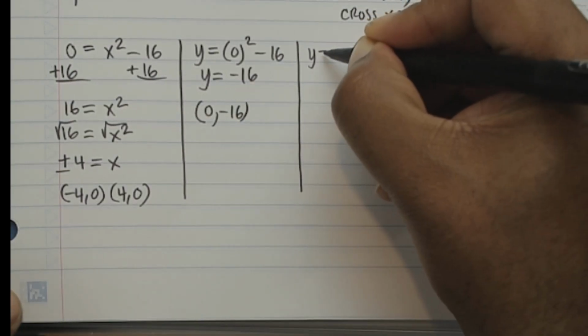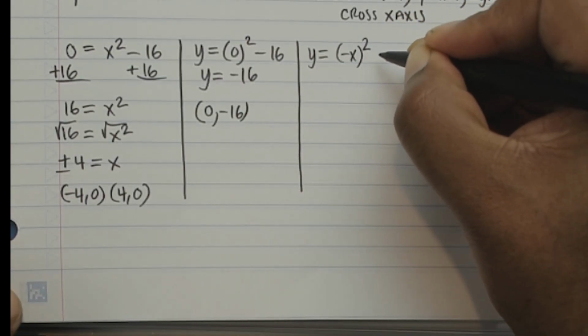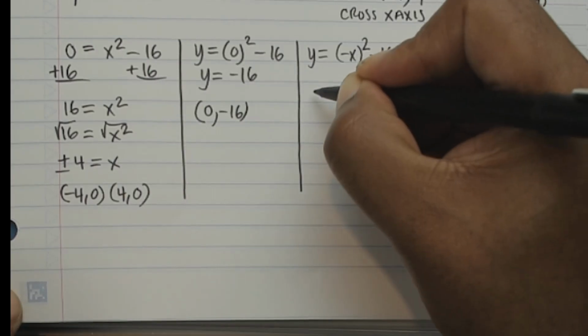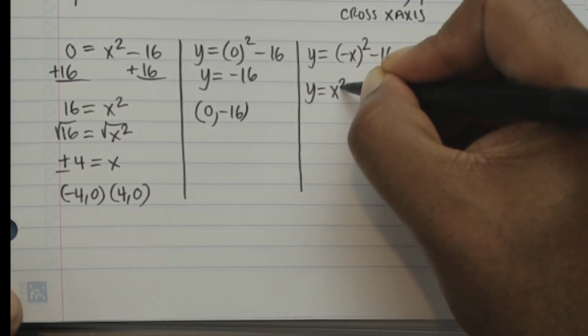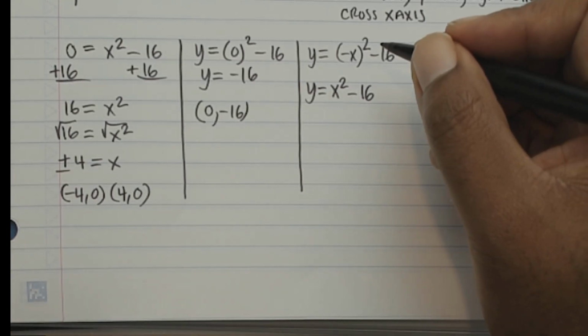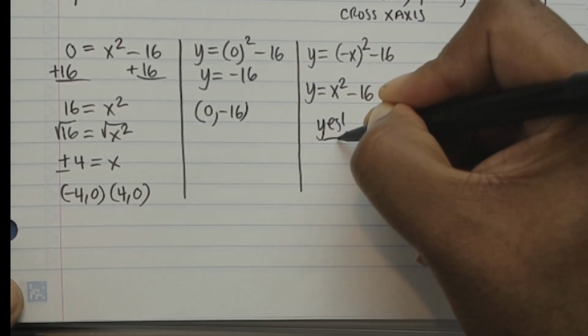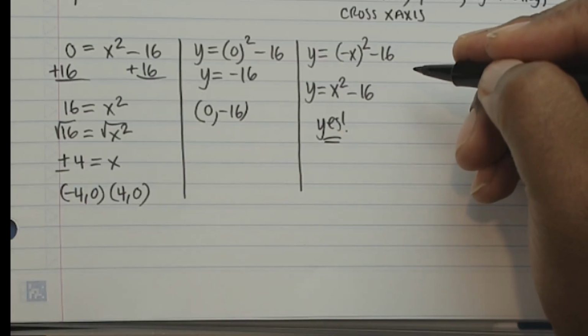So we have y equals negative x squared minus 16, which is y equals x squared minus 16. Therefore, the answer is yes, it has y-axis symmetry.